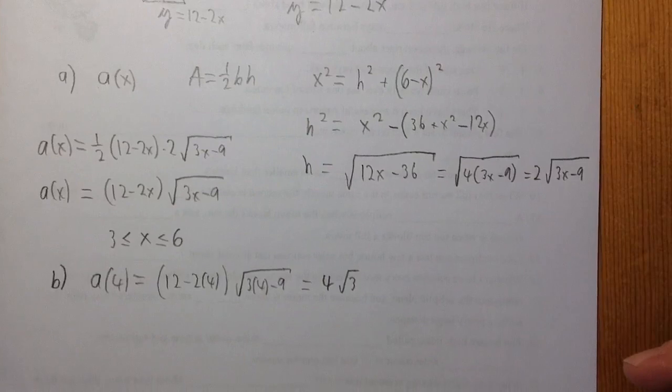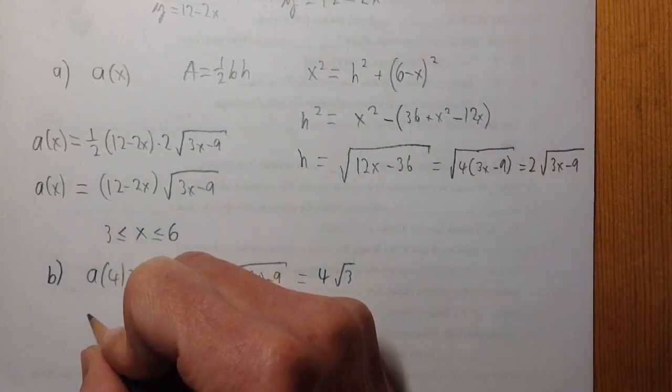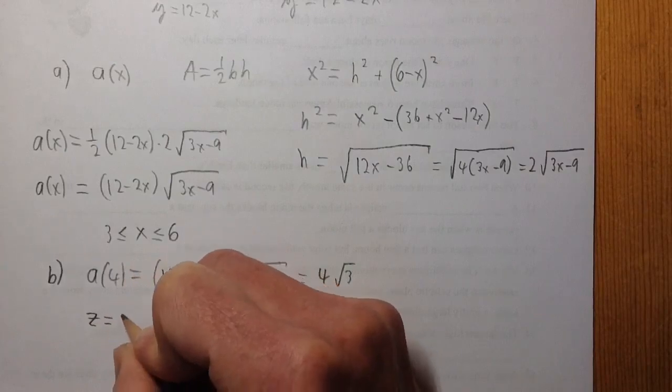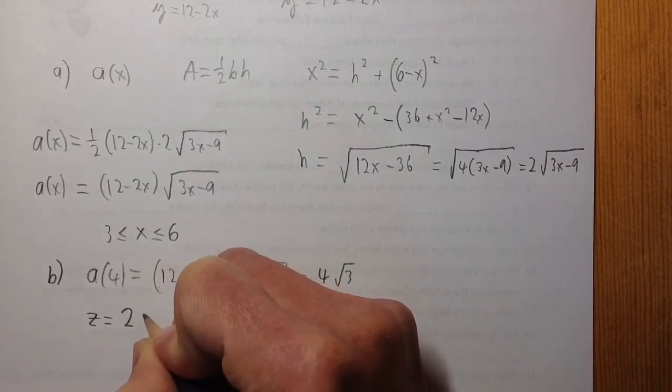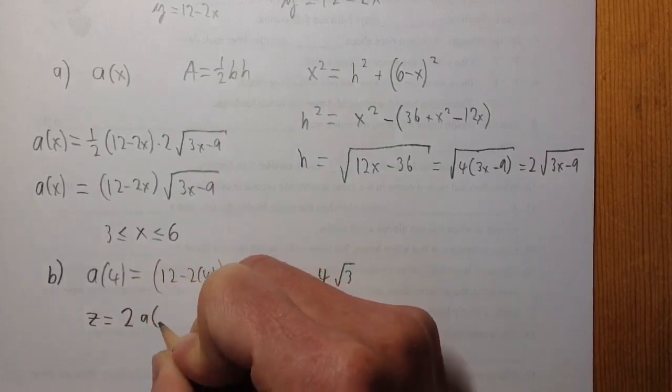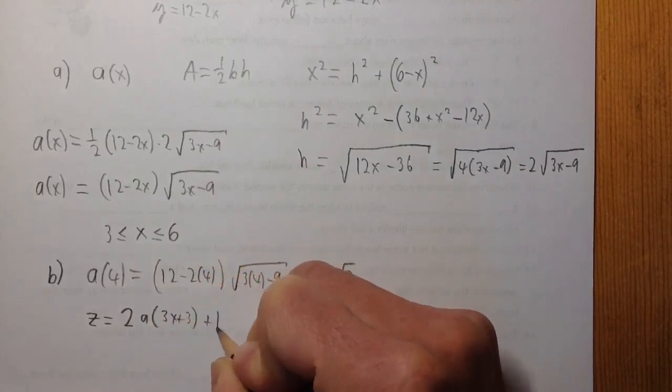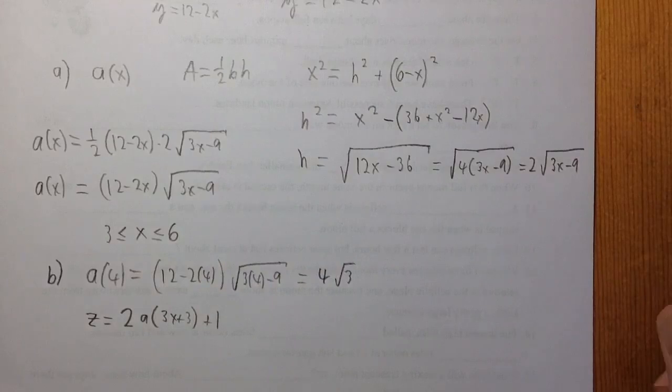Okay, now they're going to be mean to us and say, how about this function that they just made up, because that's what we're supposed to be learning this chapter. What's z, which is 2 times the area of a new variable, 3x plus 3, plus 1? So what's the maximum value of this? Well, the maximum value of A, of the area, no matter what's inside, no matter how we make a new x here, doesn't matter.